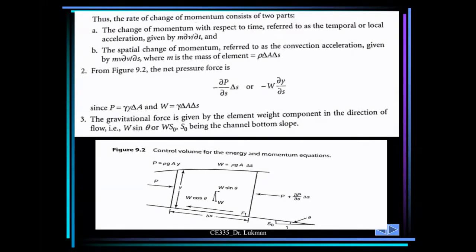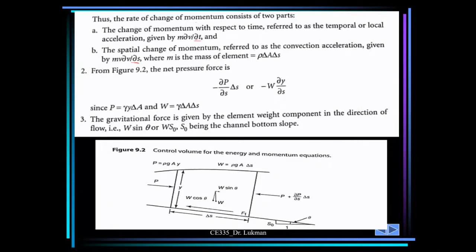And we have the spatial change of momentum, m v del v/del s, the convective acceleration. Spatial means with respect to distance, while temporal refers to time.